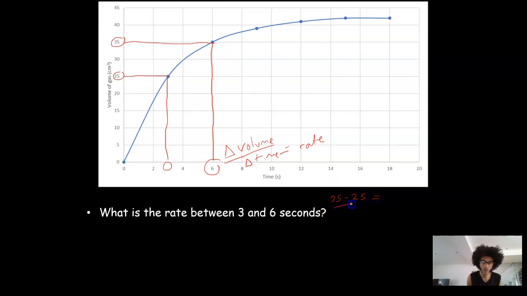And the difference in time is between these 2 points, which in this case is 6 take away 3. So 35 take away 25 gives me 10. 6 take away 3 gives me 3. And that's 10 centimetre cubed divided by 3 seconds, which gives me 3.33 centimetre cubed per second.